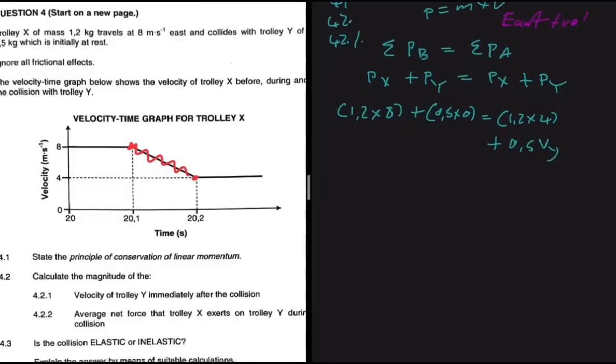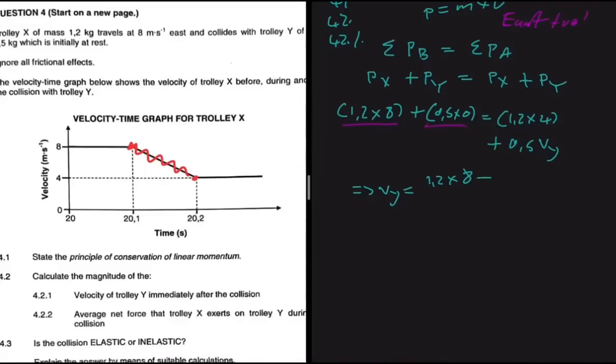So without wasting any time here, we're going to say that the velocity of trolley Y should be equal to 1.2 multiplied by 8 there, and then this, because we're multiplying by 0, is going to fall apart, right?